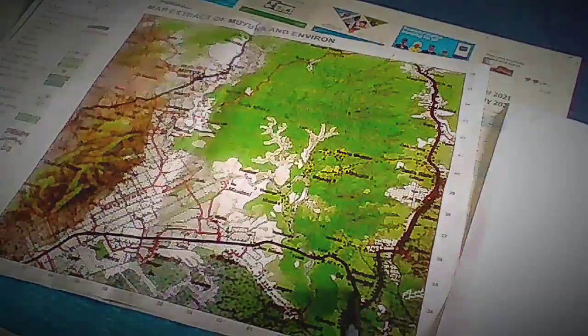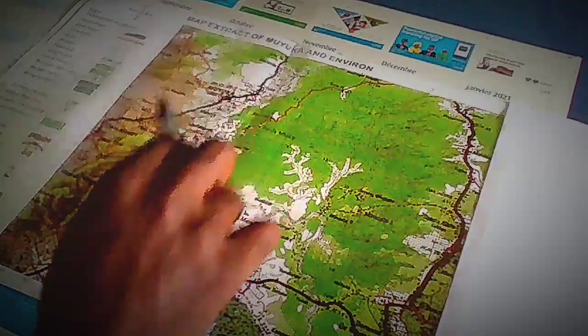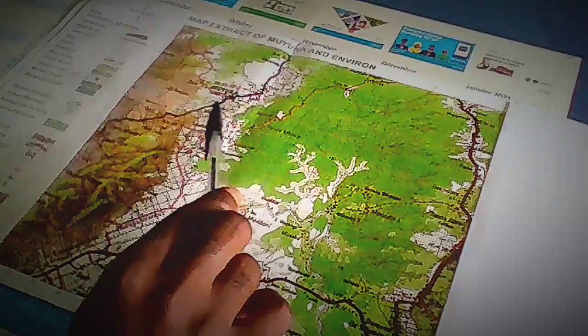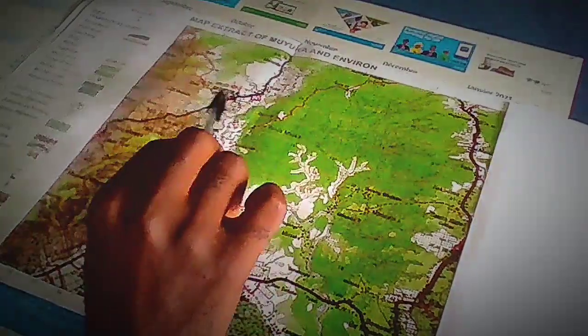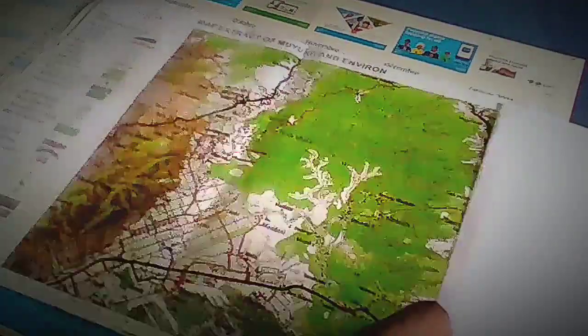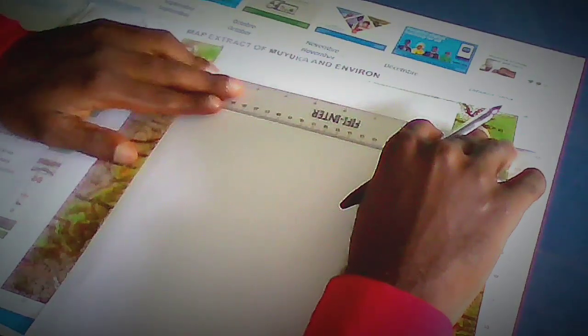We talk about Muea and environs, referring to Muea and the other areas. But here now we have been limited to work on Muea. So I'm going to draw an appropriate frame where I'm going to show the various features found around the town of Muea.